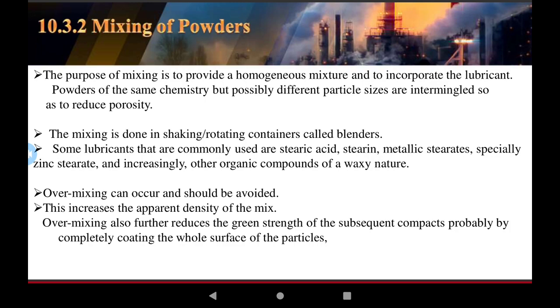The mixing is done in a shrinking or rotating container.